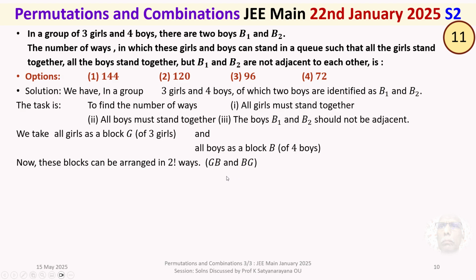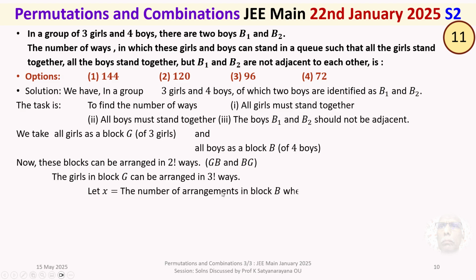Now, the girls in block G can be arranged in 3 factorial ways because 3 girls are there. Now, let X be the number of arrangements in the block B where these particular boys B1 and B2 are not adjacent.